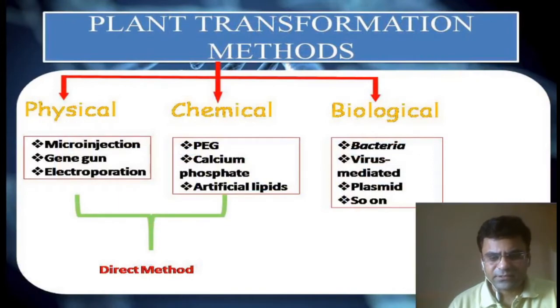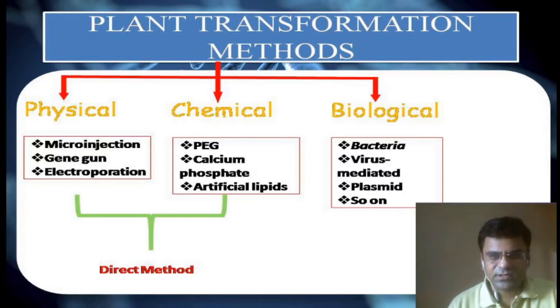There are three methods of gene transfer: physical method, chemical method and biological method. In the previous lecture we have already discussed biological methods. Here we will discuss physical and chemical methods, which are called direct methods of gene transfer.